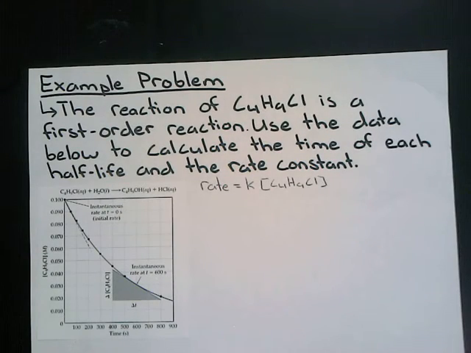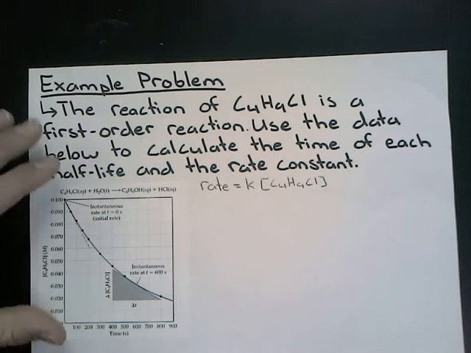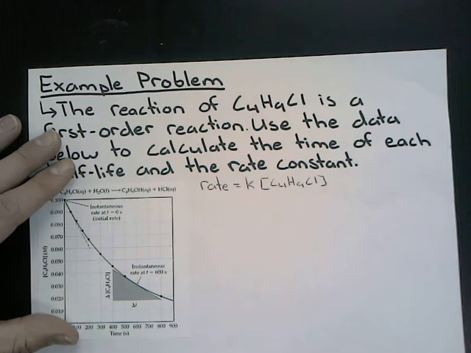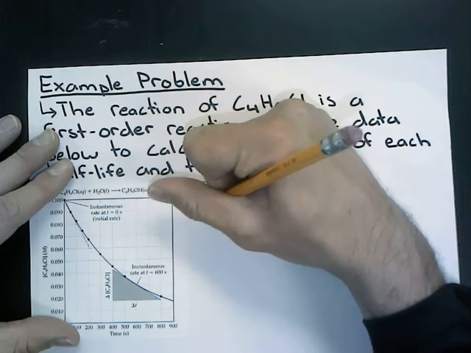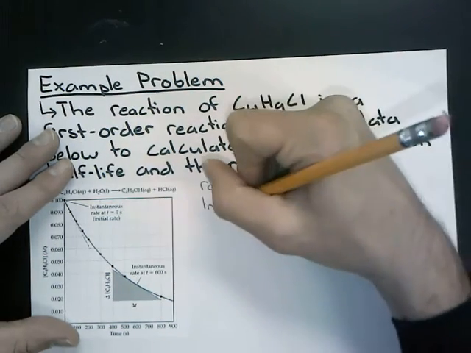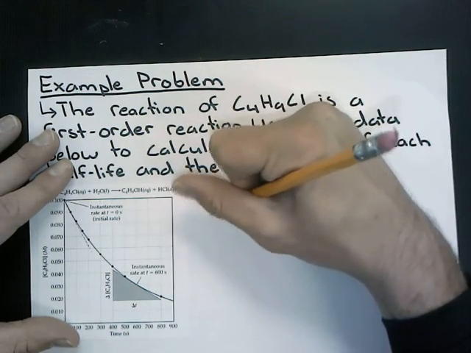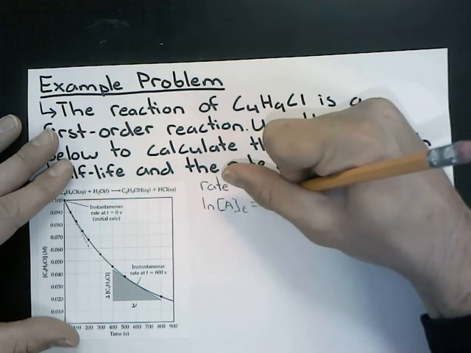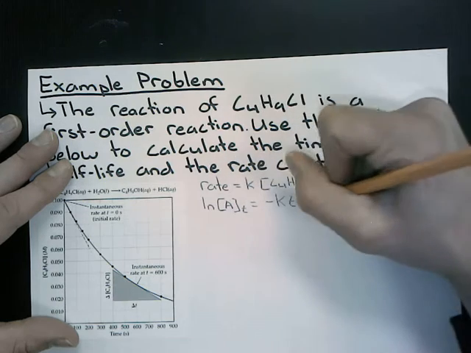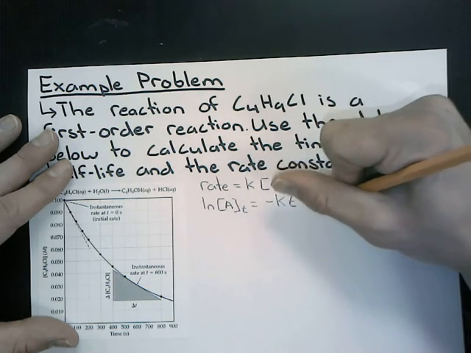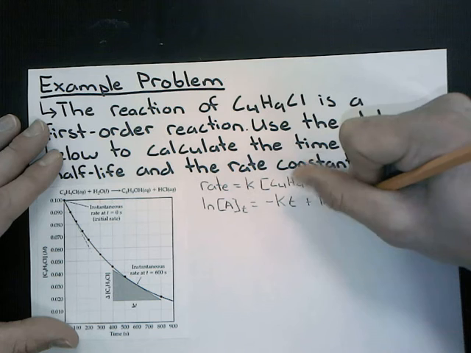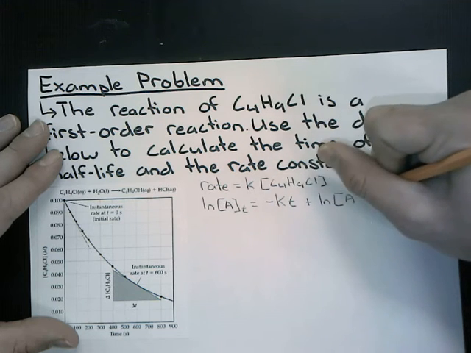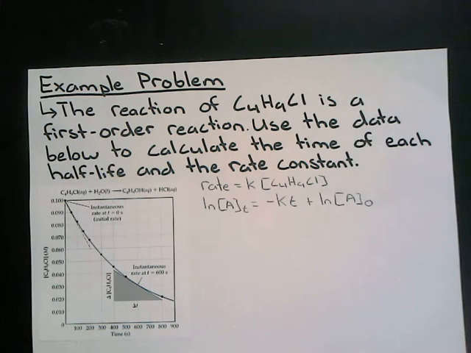But we also know the integrated rate law, and this is probably more important for us in this aspect here. So remember the integrated rate law, I'm just going to write it below, is the natural log of A sub t is equal to negative KT plus the natural log of A initially, or that initial concentration.